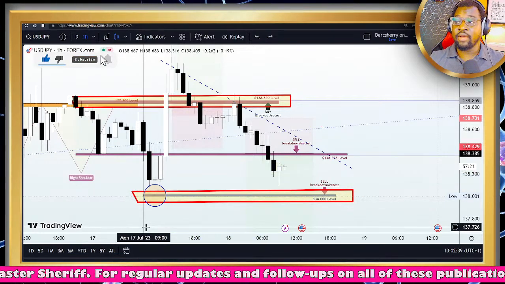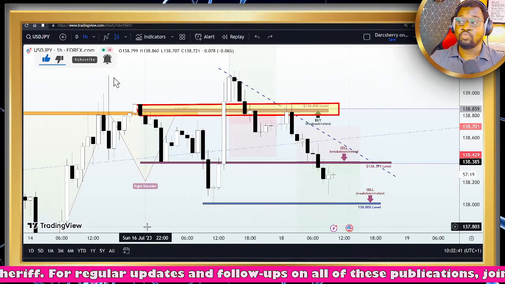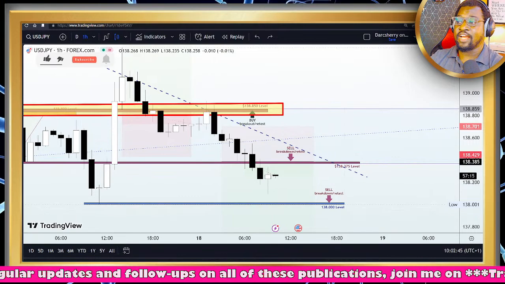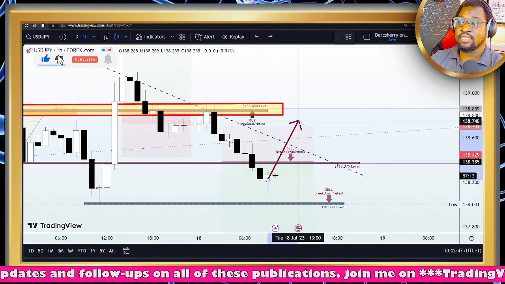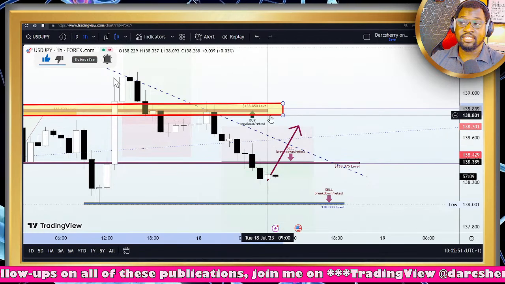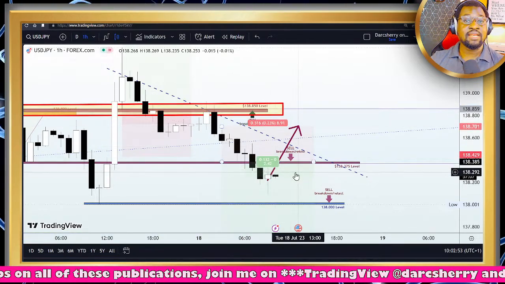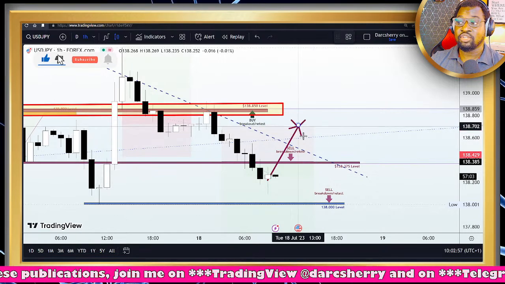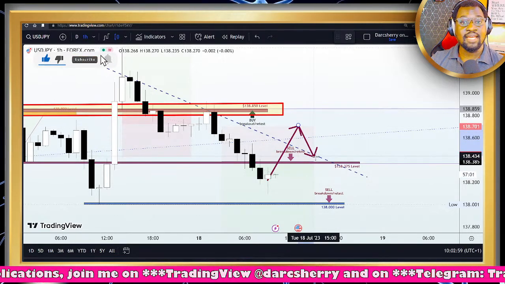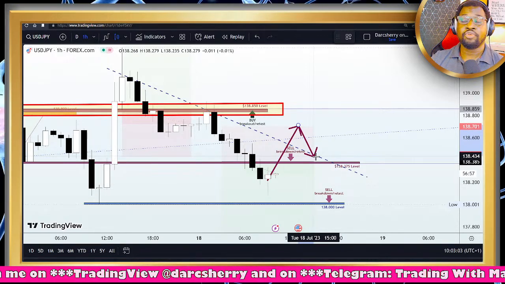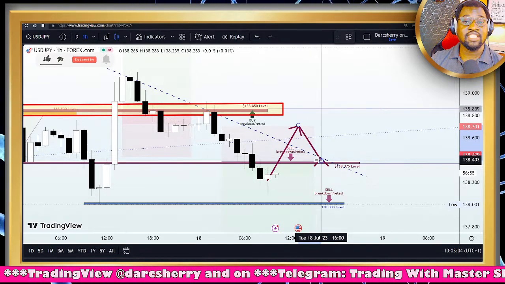So now, if we are going to be taking advantage of a bullish move from this current market structure, we would want to see price action break out of this descending trend line, which will give me a sign to start getting ready to buy. Immediately we scale down into a lower time frame to look out for confirmations, which will reflect on the chart as a retest of the trend line that was broken, or even a retest of the 138.375.